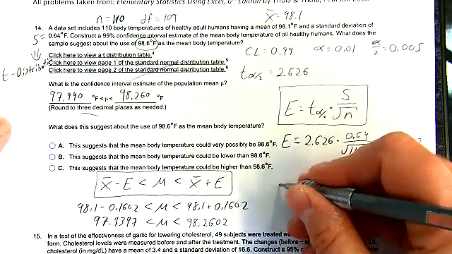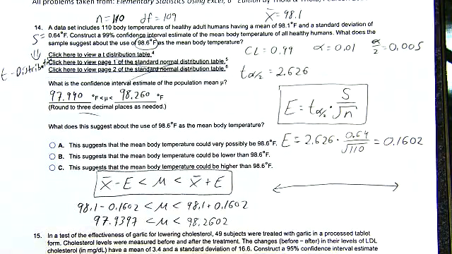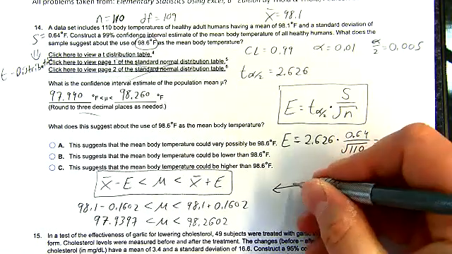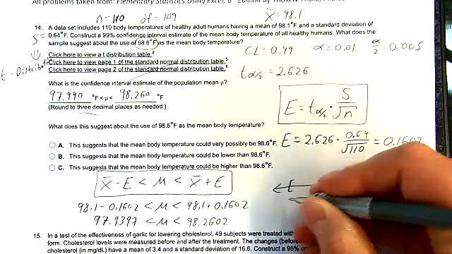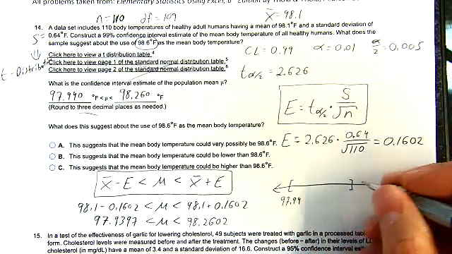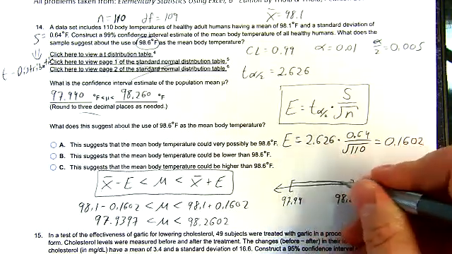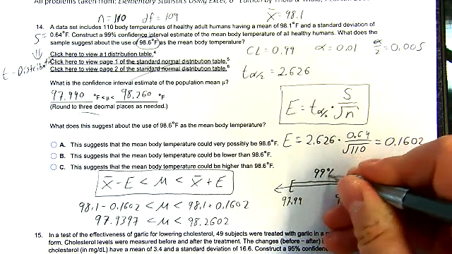If we were to plot this on a number line, and this is commonly what you want to do, look at this interval on a number line. Over here is our 97.94. Somewhere over here is our 98.26. So this is our interval that we're 99% confident in.